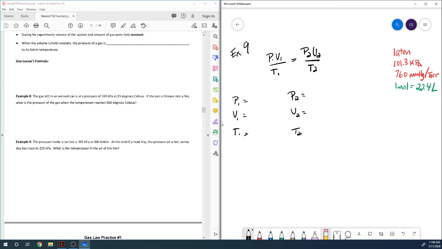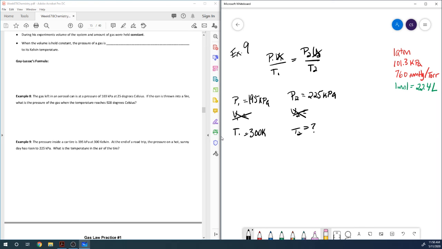Okay, so the pressure inside a car tire is 195 kPa at 300 Kelvin. Okay, at the end of the road trip, the pressure on a hot, sunny day has risen to 225 kPa. What is the temperature inside the air of the tire? Okay, so no volume. Get rid of these.